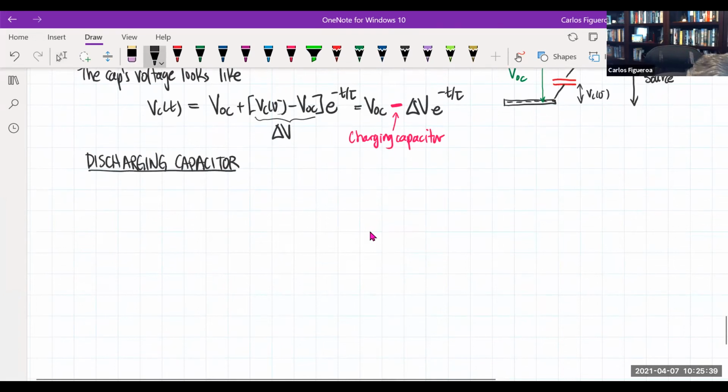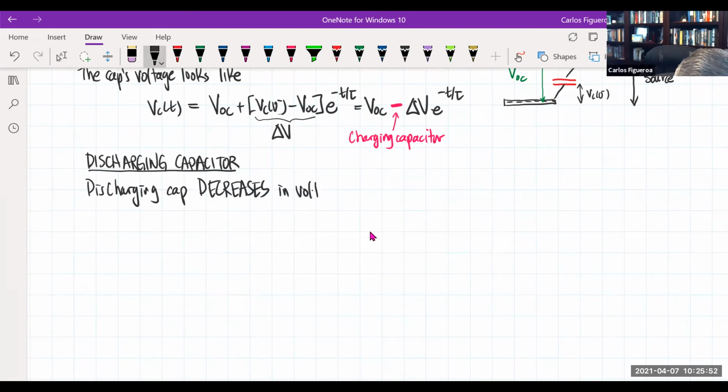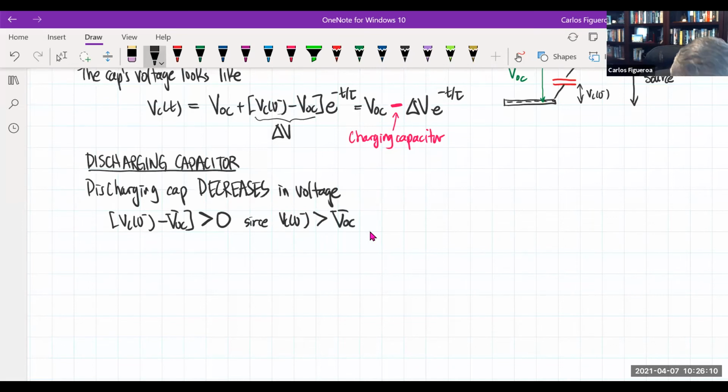So a discharging cap decreases in voltage. So if I now look at the term VC of 0 minus VOC, you could see that this has to be positive, since VC of 0 minus is greater than VOC.